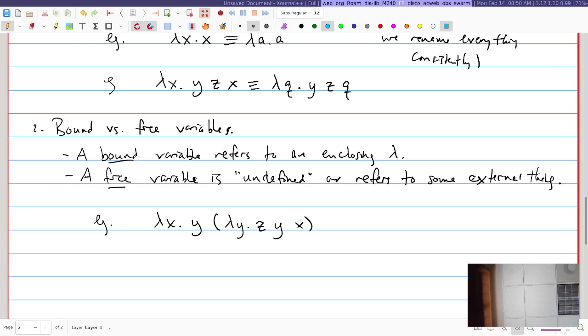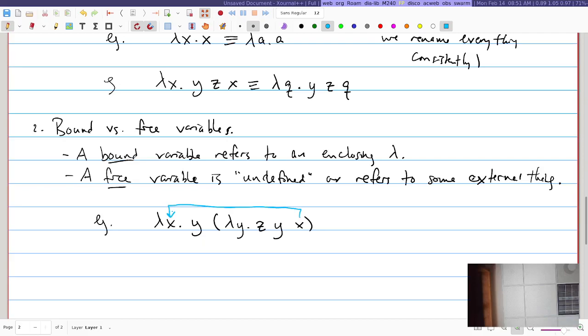What do you think? It's bound, right? Because it's inside this lambda x. All of this stuff is inside this lambda x, and so this x refers to this. Let me draw a little arrow to show that. When you see this x, it's really talking about whatever the input was to this lambda.